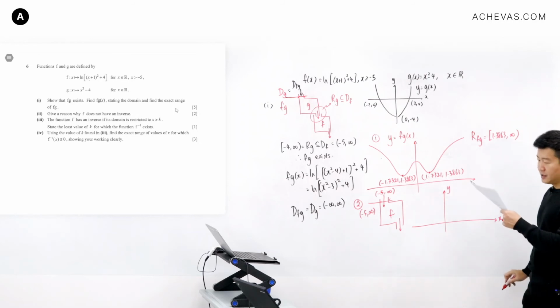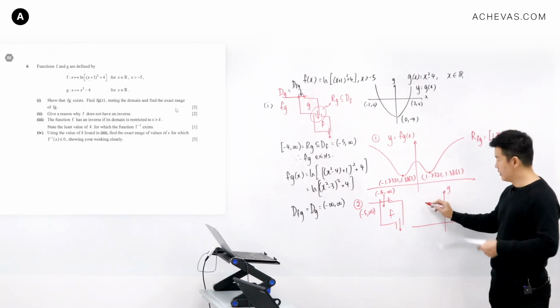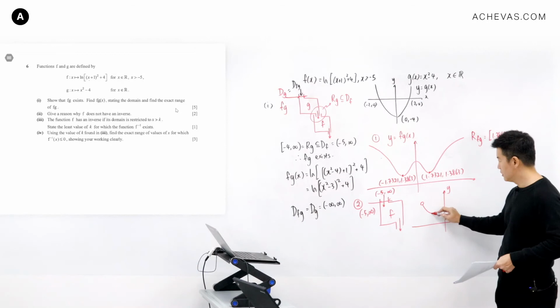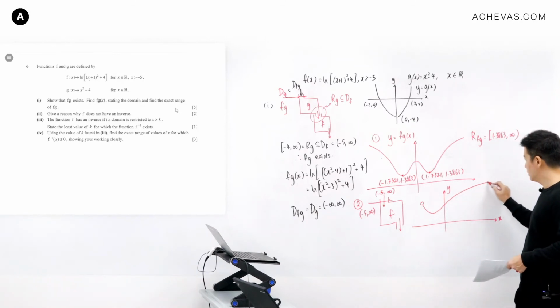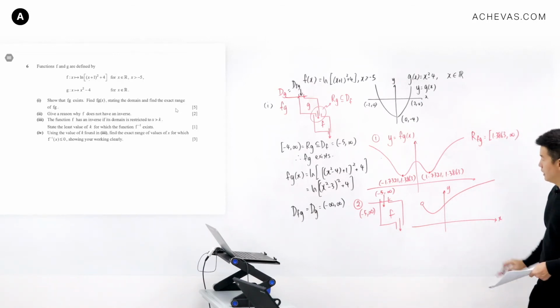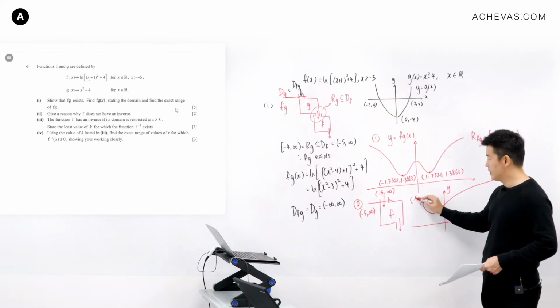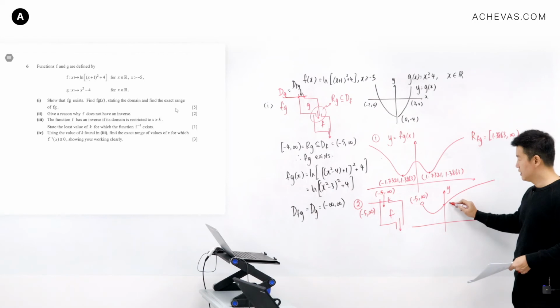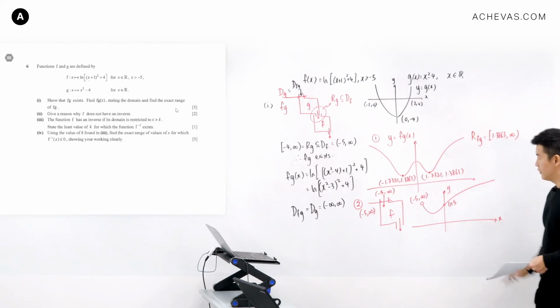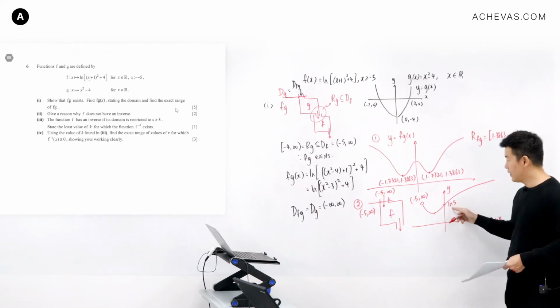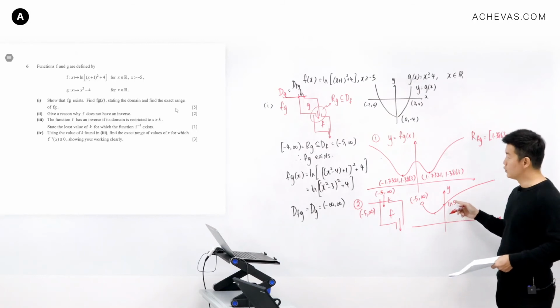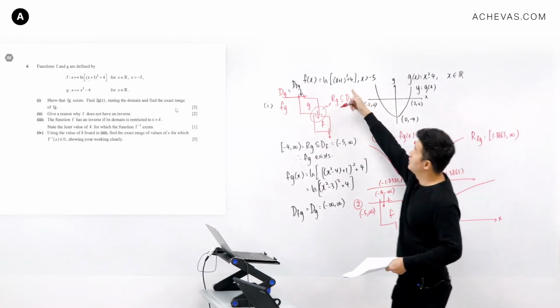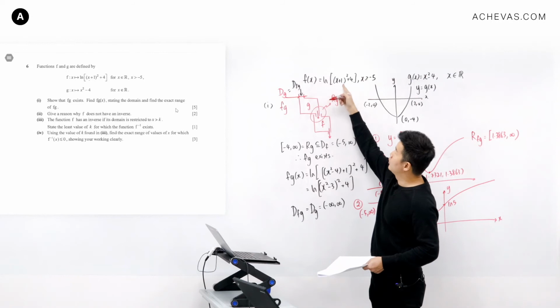X-axis, y-axis. The graph of f looks like this. This is at -5 all the way until infinity. This here is at ln 5, because if you were to just look at the expression here, when x is equal to 0, we have ln 1 plus 4.